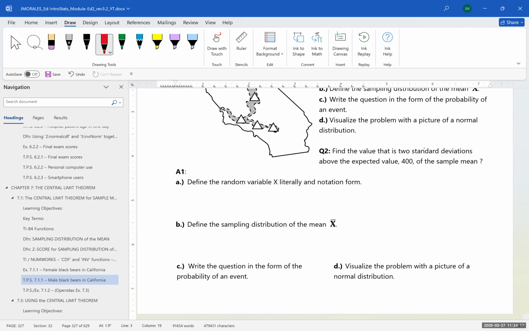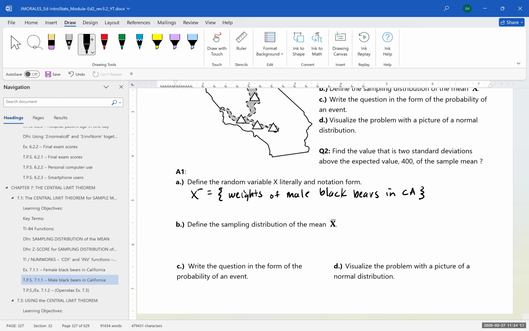All right, so to define the random variable X literally and in notation form. So the random variable, let me go ahead and use black here. So the random variable X, capital X, is going to be defined as the weights of male black bears in California.